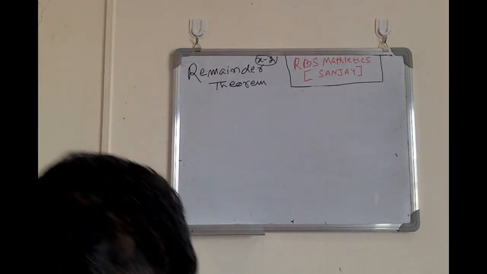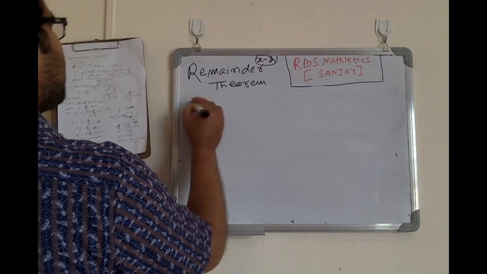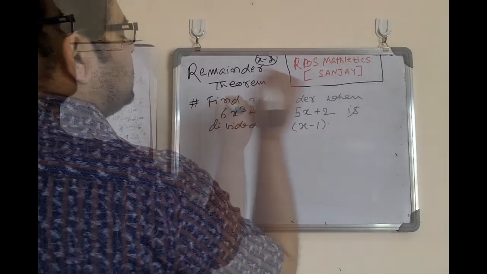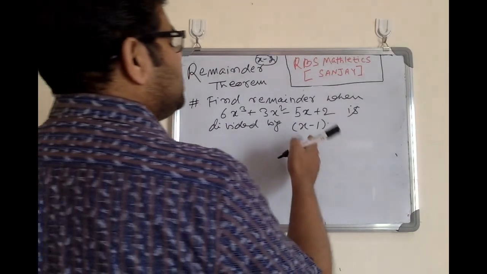So I'm going to copy out one question. The question says find the remainder. Now you can see how we find the remainder in this case. This is f(x) and this is the divisor.